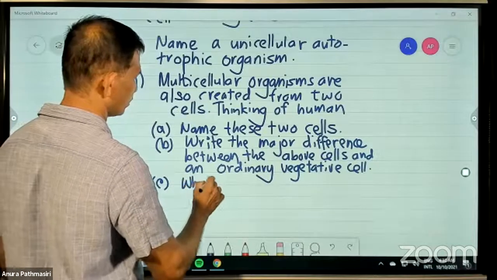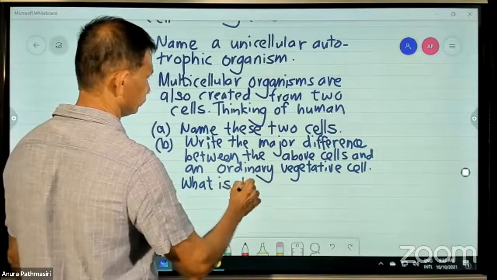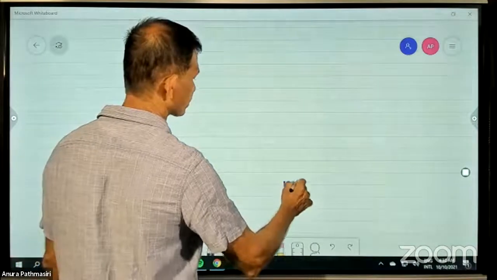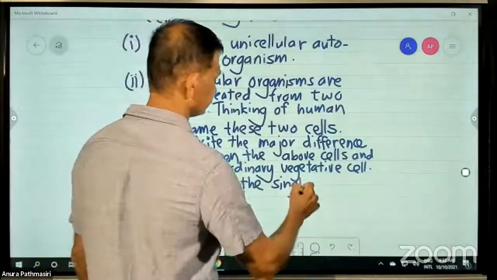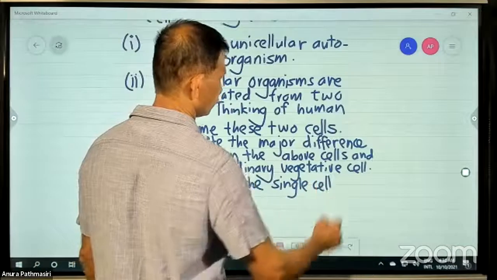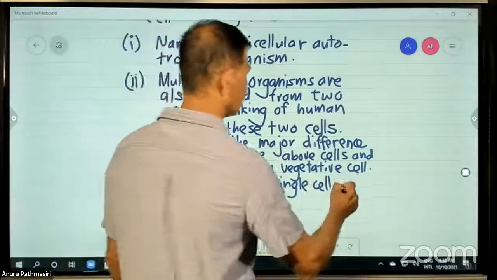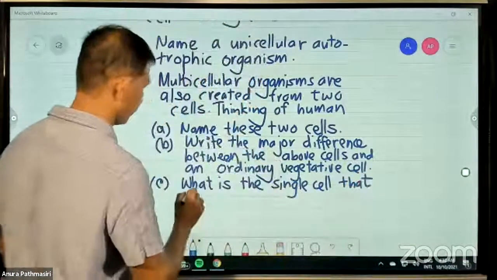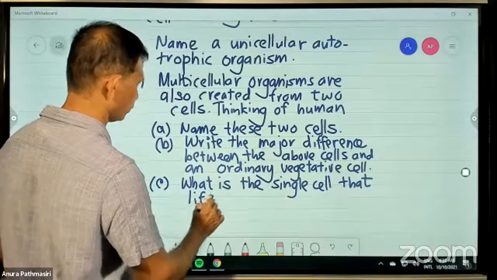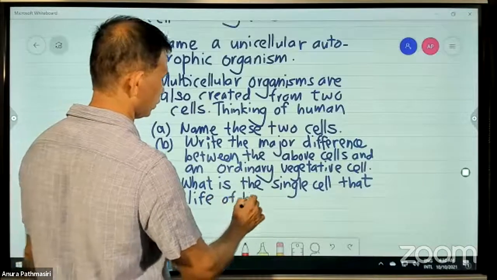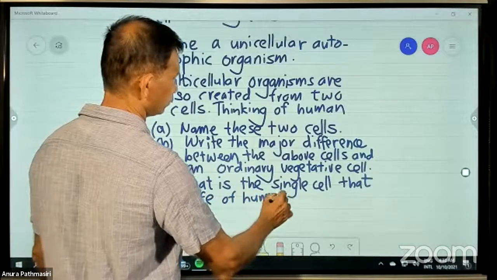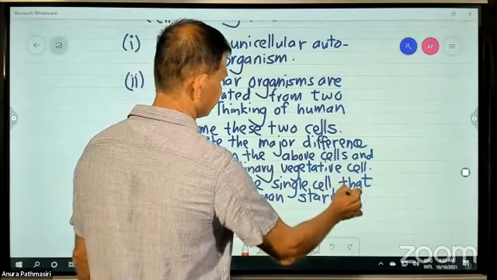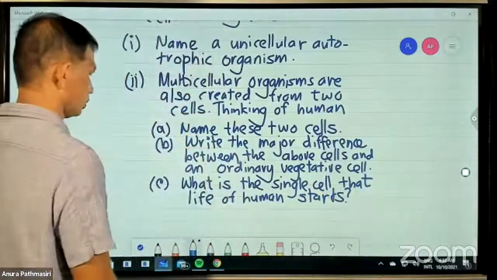What is the single cell that starts the life of a human?